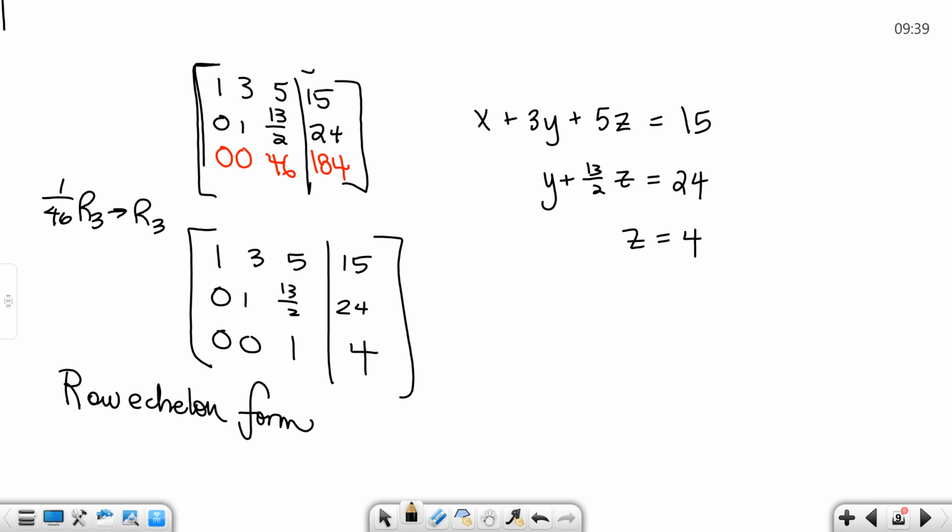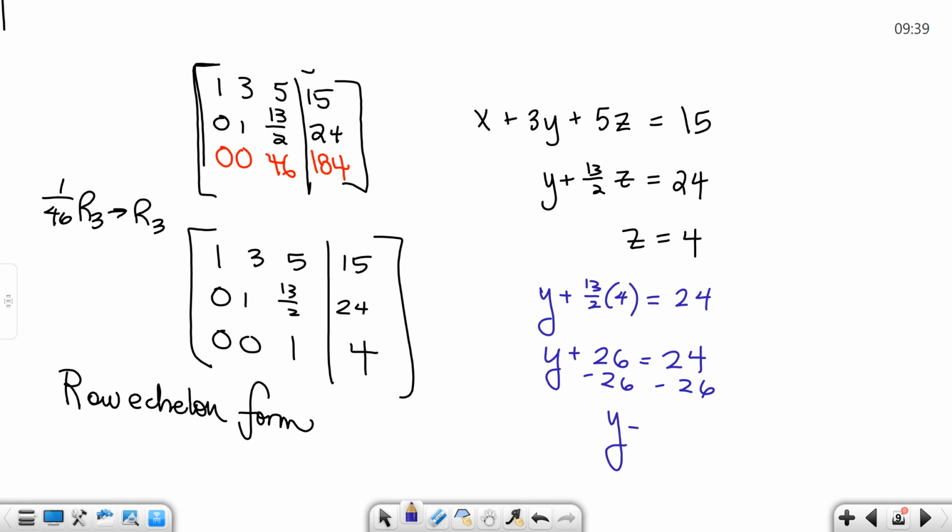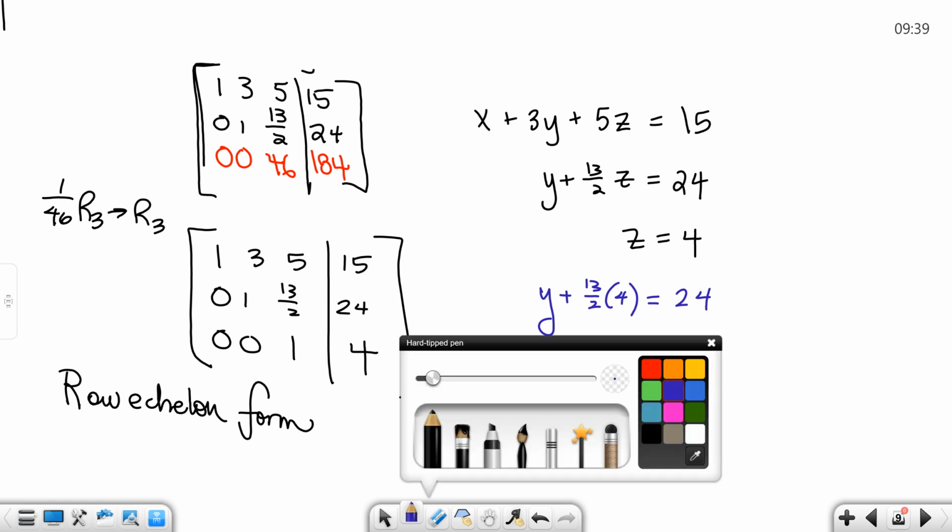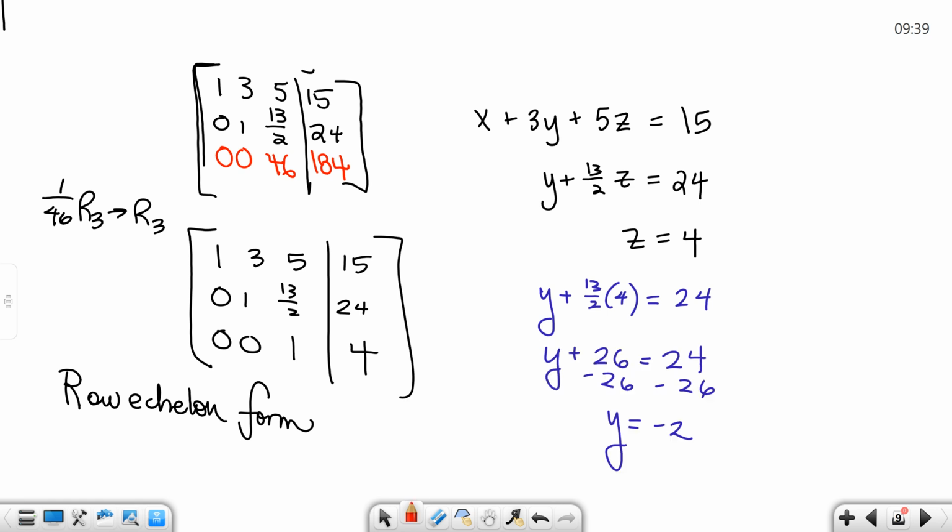Right, so now we'll back substitute. So z is 4, so let's go to the one above it. So this is y plus 13 halves times 4 equals 24. So that's going to be a 26. I'm going to subtract 26 from both sides, and y would equal negative 2. So there's one piece.